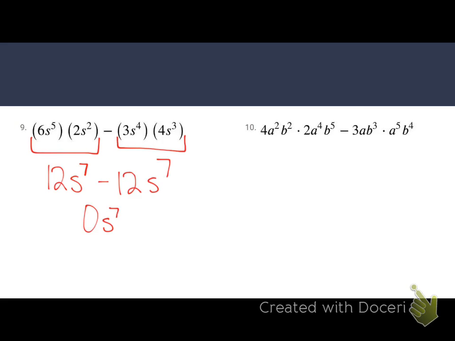You could put 0 s to the 7th, but 0 times anything is just 0. It was like you were given 12 sandwiches and then somebody took 12 sandwiches away. You got nothing. Questions on 9 before we do 10?